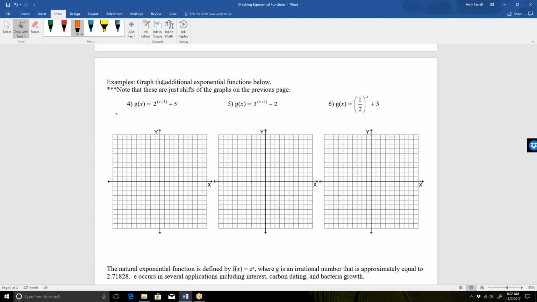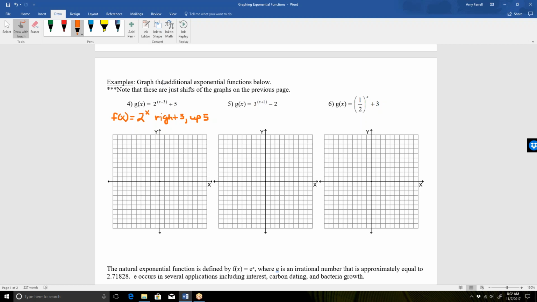So we're going to take f of x equals 2 to the x from the previous page, and shift it right 3 and up 5.